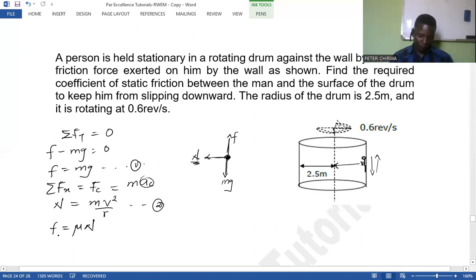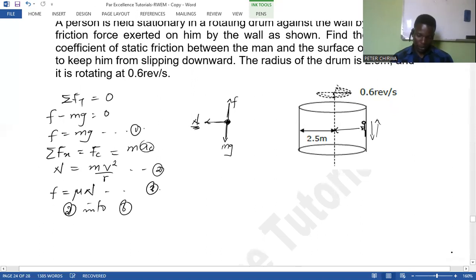So we can say this is our equation 3, and we get equation 2 into 3. What are we going to have? So 2 into 3, we are going to have friction force being equal to mu m v squared over r. Let that be our equation 4.